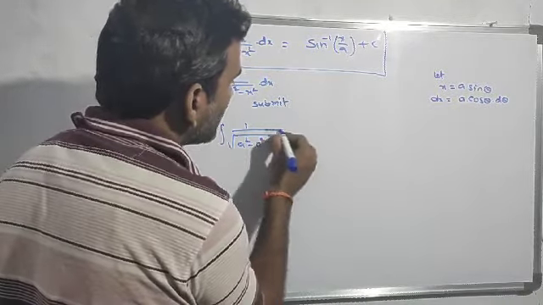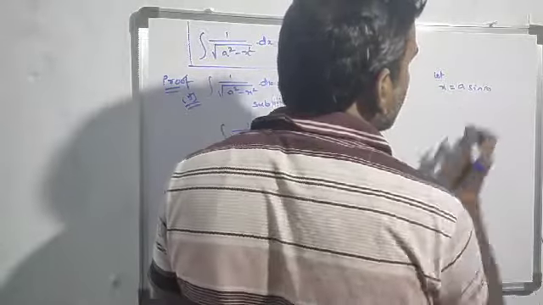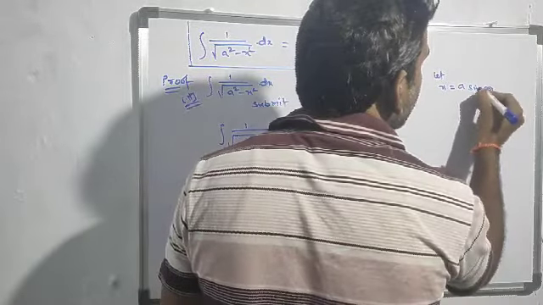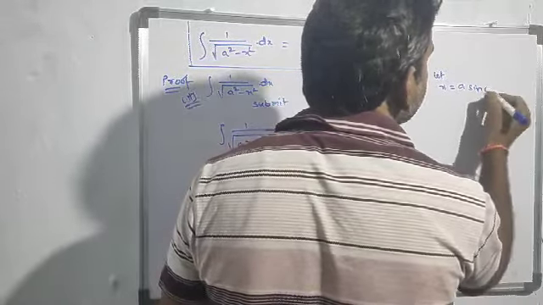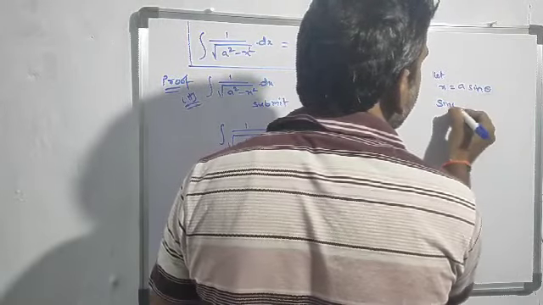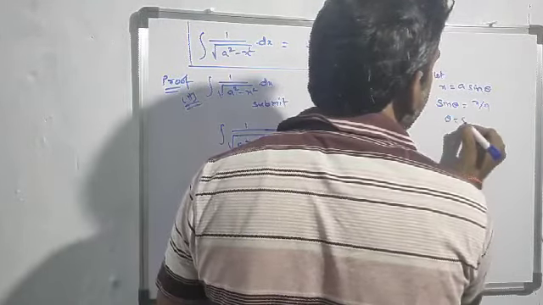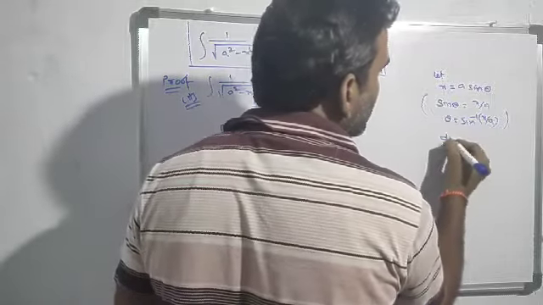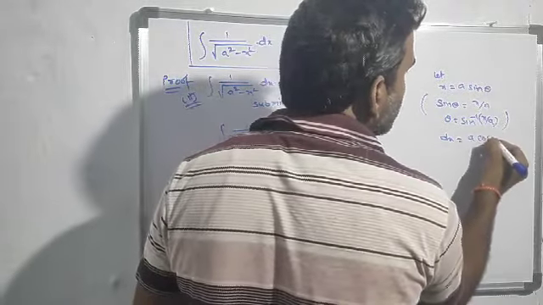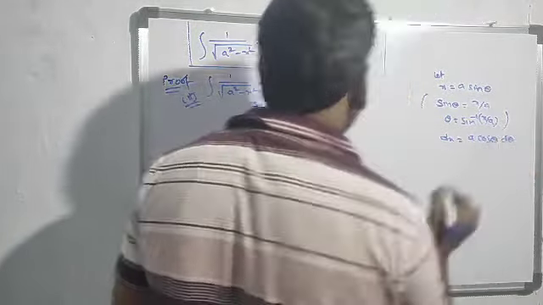Here you just observe that I am taking x equal to a sin theta. That means sin theta equals x by a, so theta equals sin inverse of x by a. I will use these values later.